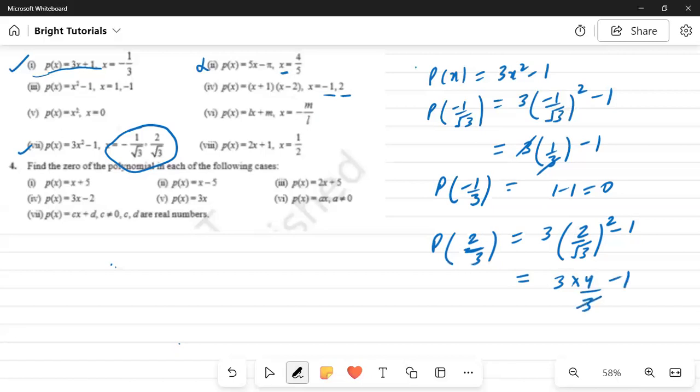So this 3 will be cancelled out with this 3. What will happen here? 4 minus 1 is equal to 3. Since P(2 by root 3) is not equal to 0, therefore 2 by root 3 is not the zero of this polynomial. However, minus 1 by root 3 is the zero of this polynomial.